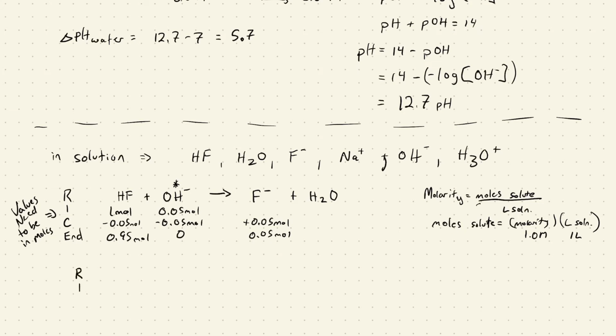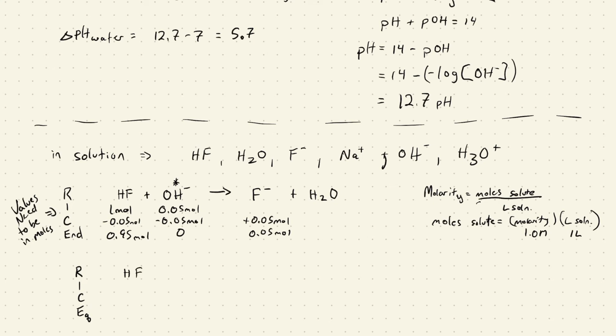So I can do a RICE EQ table, right, equilibrium table, where we start out, here's our equilibrium that we care about. And just like we saw before, this is going to have a concentration of 0.95. Now we're going to go back to concentrations.